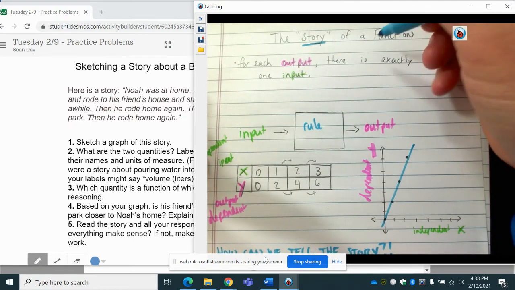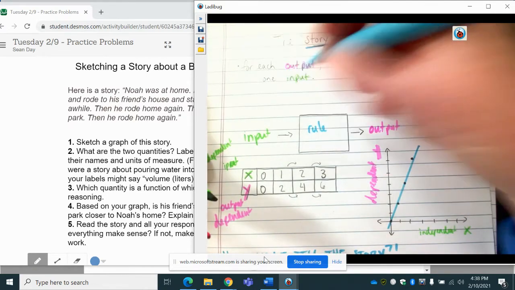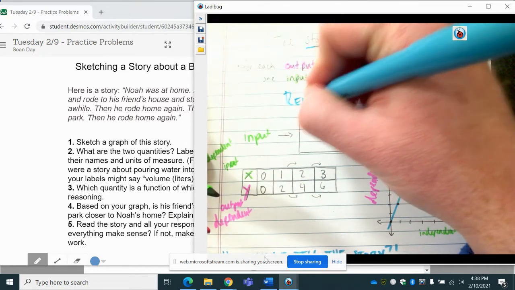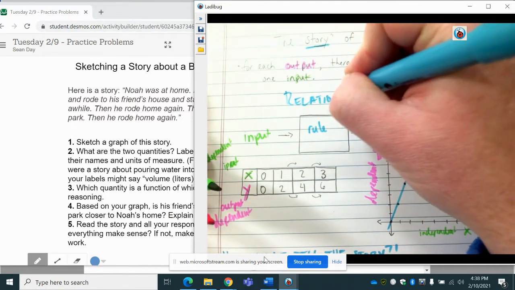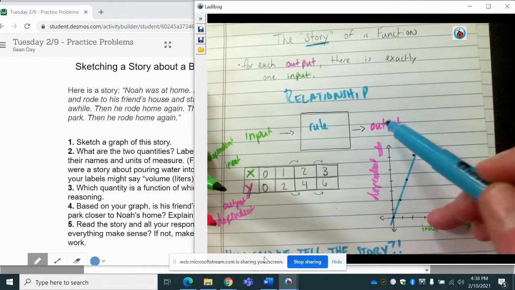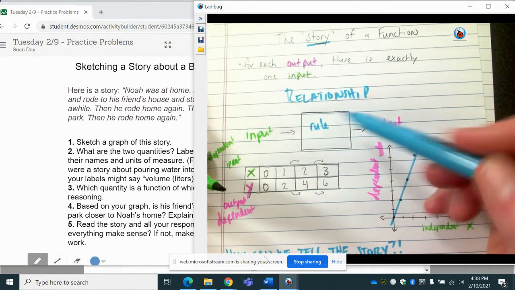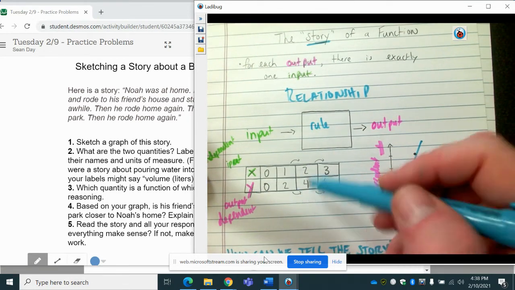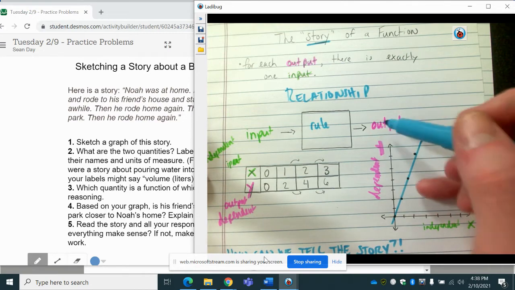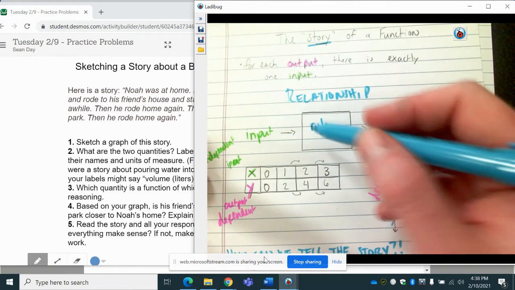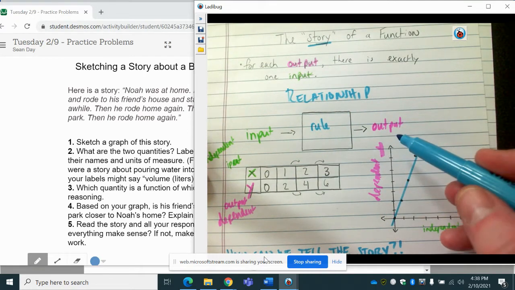So when we think about functions, we want to think about the story that's happening, and specifically the word relationship comes to mind. What is the relationship between the output and the input? Here, how does our Y relate to our X? How does our output depend on our input? How does an input following a specific rule result in a single output?